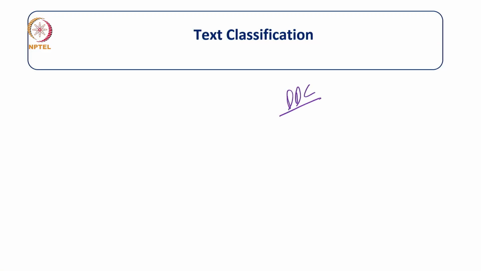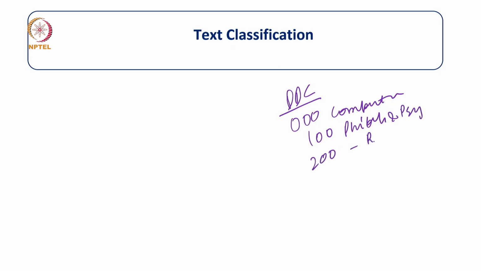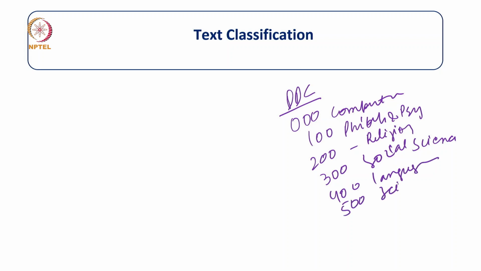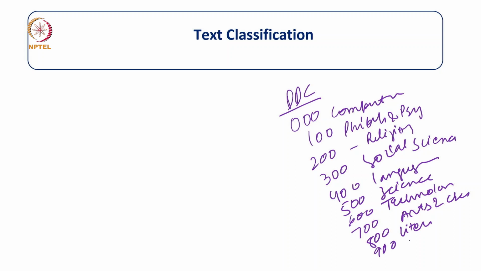DDC is the Dewey Decimal Classification, where we have 10 categories: 000 for computer science, then 100 for philosophy and psychology, 200 for religion, 300 for social sciences, 400 for languages, 500 for science, 600 for technology, 700 for arts and recreation, 800 for literature, and 900 for history and geography.